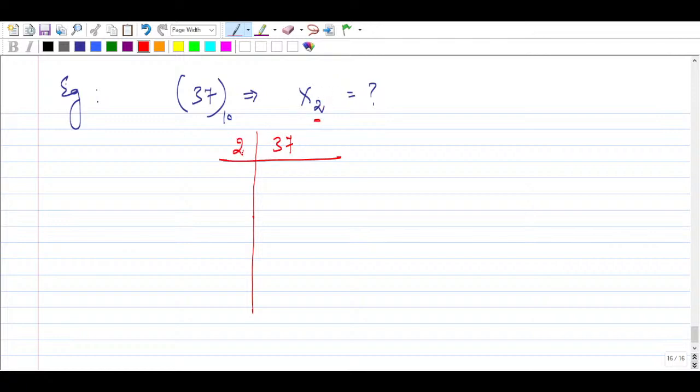That is 2. You divide 37 by 2, so it is going to be 18 here, and then 2 will be 9. You also have to collect the remainder.